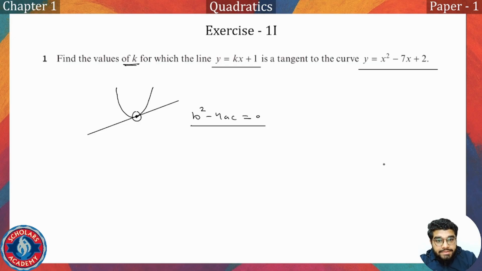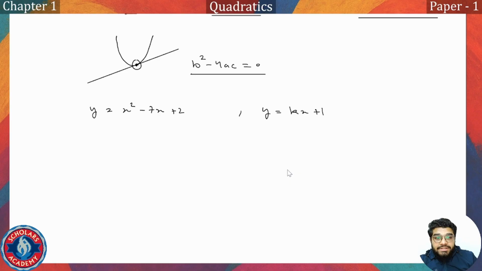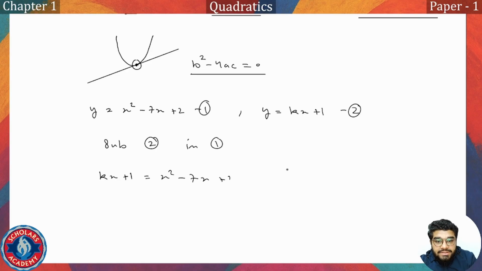Let's try this. So we have y is equal to x square minus 7x plus 2 as the equation of the curve, and we are given y is equal to kx plus 1 as the equation of the line. So I'll substitute the equation of the line in the equation of the curve. So substituting equation 2 in equation 1, we get kx plus 1 is equal to x square minus 7x plus 2.